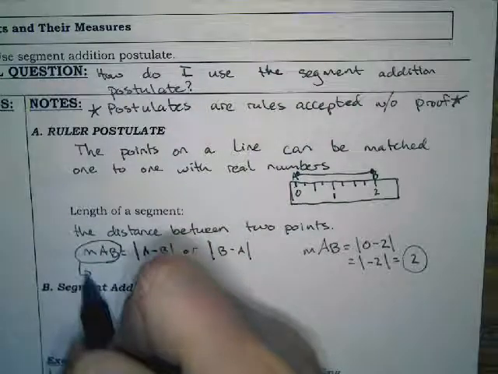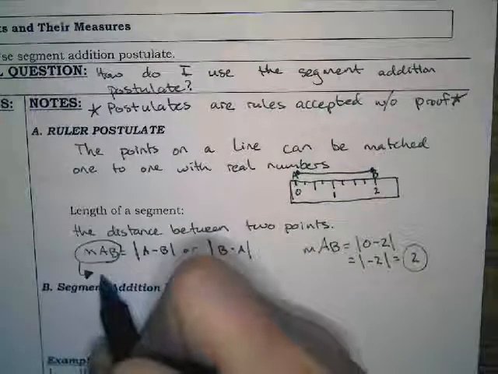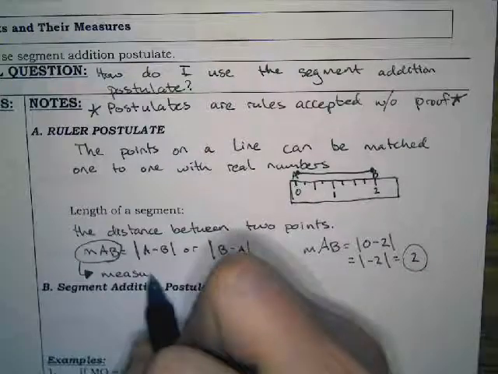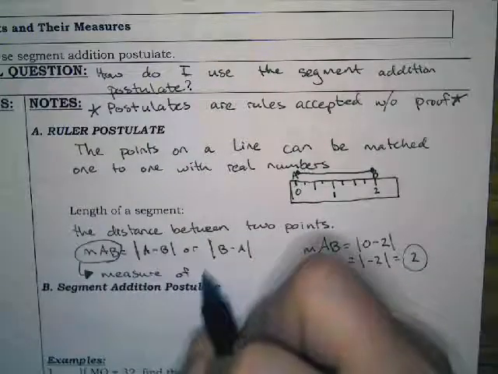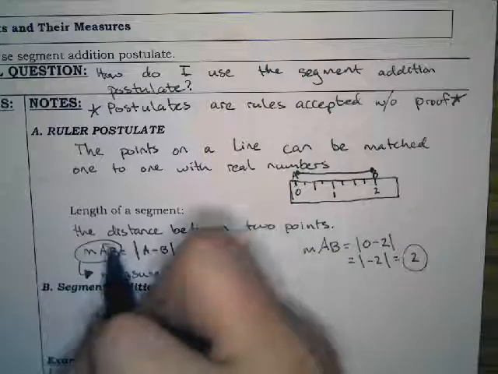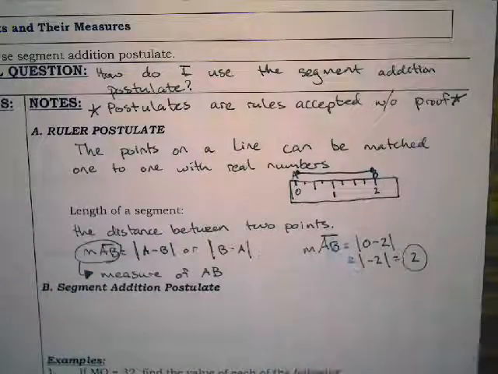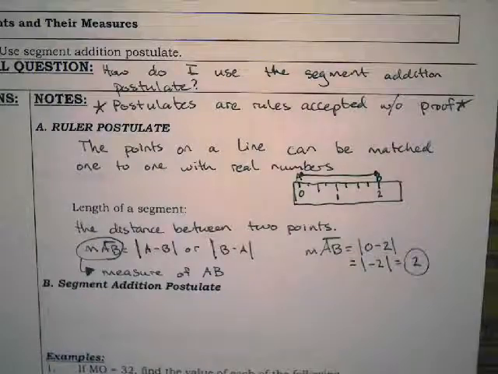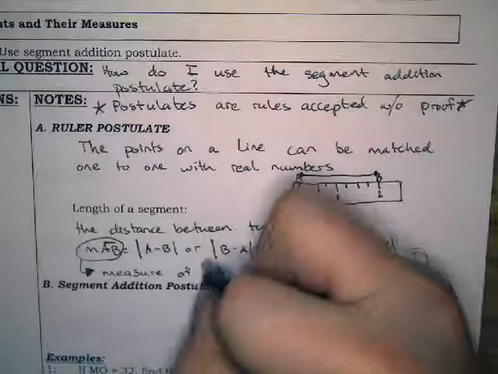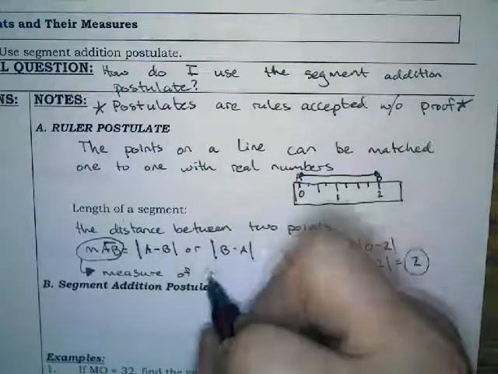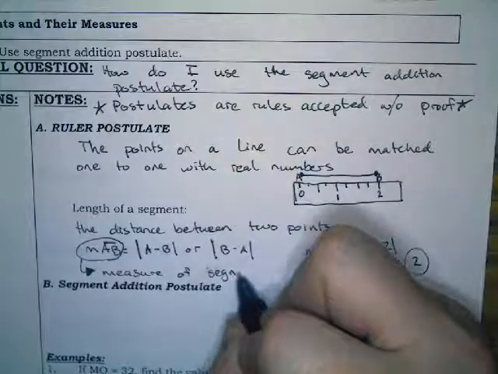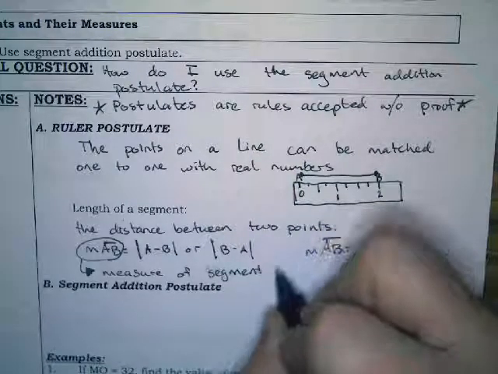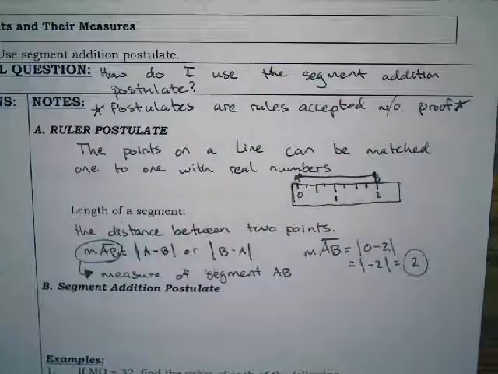This means measure of segment AB. Let me put my line segment notation on it. That little m is telling me to treat it as the measure of.